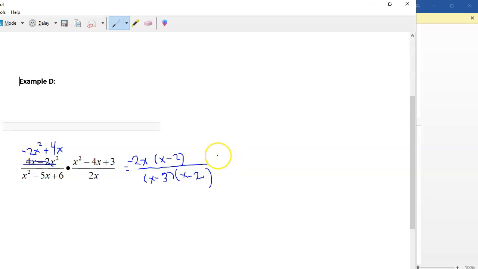And then if I look at the other rational expression, the numerator simplifies to an x minus 1 and an x minus 3. Okay? If I look at the denominator, it is just 2x, right? I can't do anything with that.